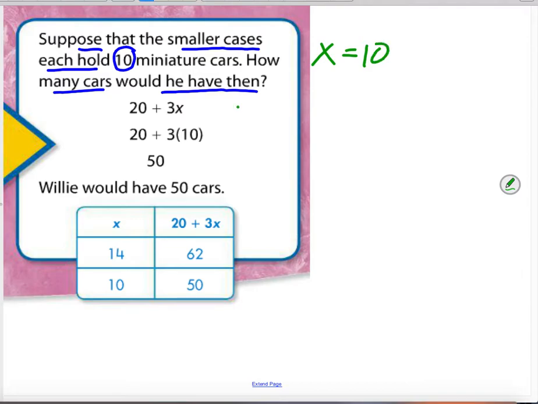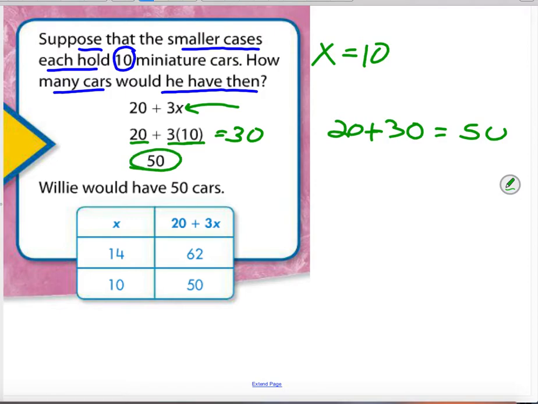So now we will substitute x with the value of 10. We know that we have 20 cars, and then 3 times 10 equals 30. So then we add 20 plus the 30, and that would equal 50. And so our evaluated expression tells us that we have 50 cars.